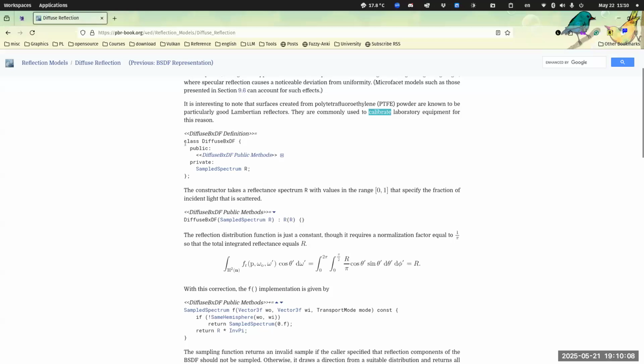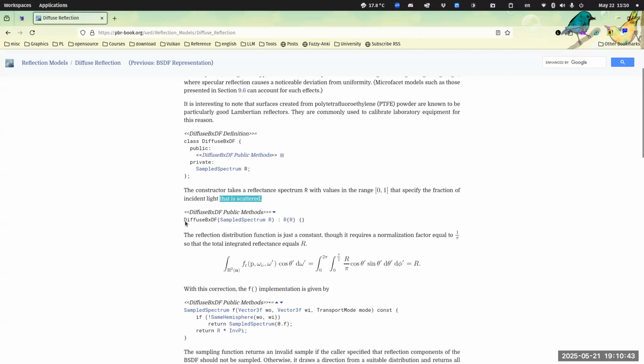So they have this DiffuseBxDF class. It just contains a sampled spectrum. The constructor takes a reflectance, a sampled spectrum with values in the range 0 to 1, which specifies the fraction of the incident light that is scattered.